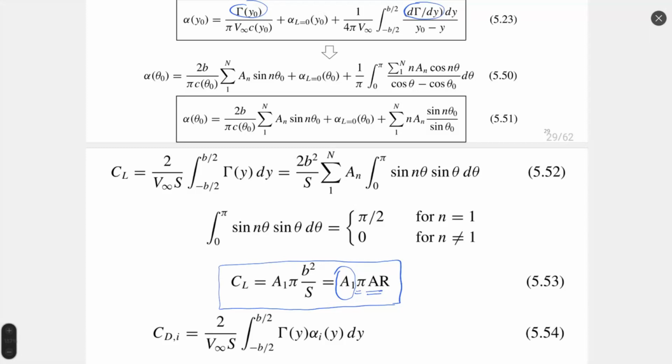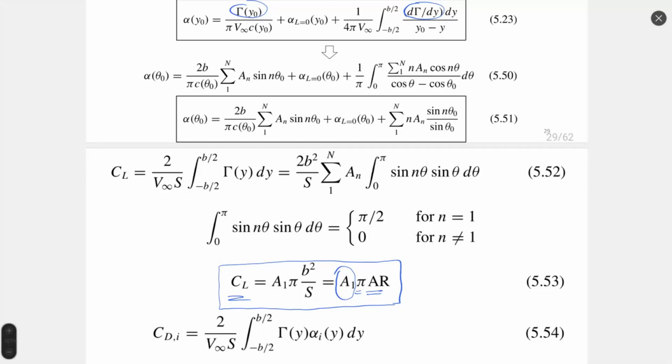If we know the lift coefficient CL for our wing and we know the aspect ratio, we can calculate this A1 for our wing and use it for other wings with other aspect ratios. Okay, changing the aspect ratio, we proportionally change the lift coefficient, but we need to maintain the profile of the wing and we need to maintain the cross-section and structure of the wing proportional.